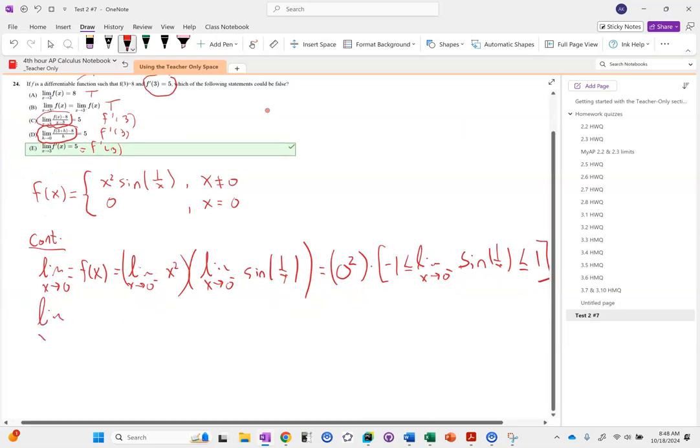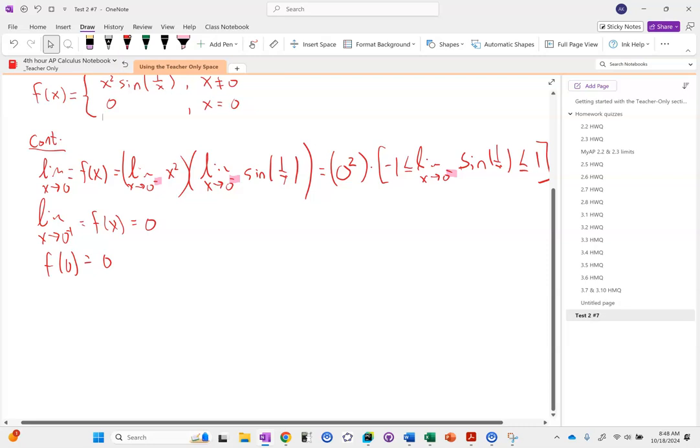And the limit as x approaches 0 from the right of f of x, well, it's the exact same argument. The only thing that changes is that these are plus signs, but everything else still holds. So we're good there. And then f of 0, well, it's defined as 0 in the piecewise. So we're good there. So we have continuity.